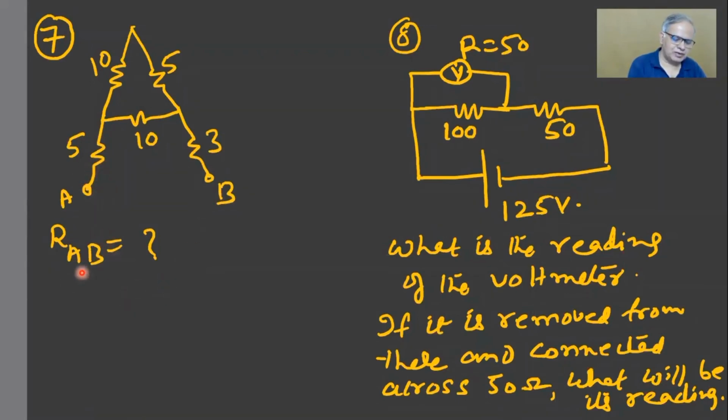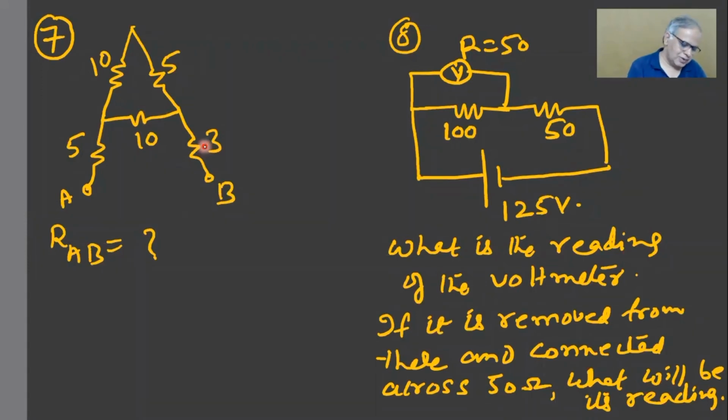If it is plus on this side and minus on this side, from plus current goes into A. After going into 5 it divides, then combines here and comes back. So these two are in series, first of all, and this is in parallel with this, and all the three will be in series. Isn't it so?